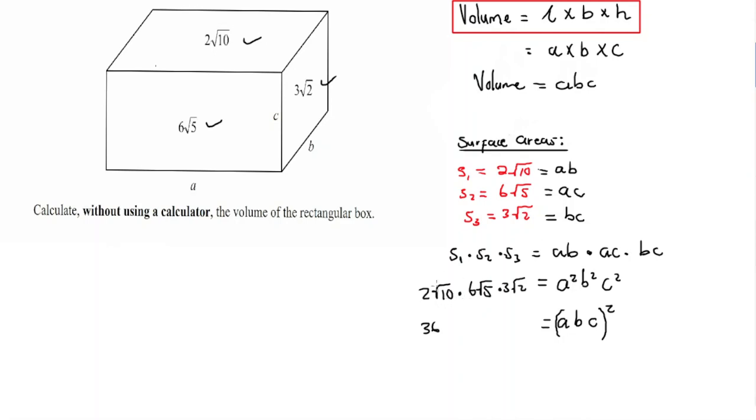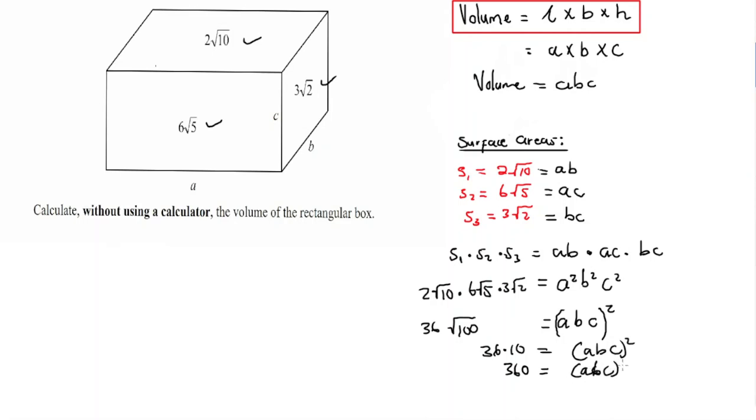Then the root 10 multiplied by the root 5 and the root 2: 10 times 5 is 50, times 2, I get 100. So the square root of 100 is what? It is 10. ABC squared equals 36 times 10, which is 360.